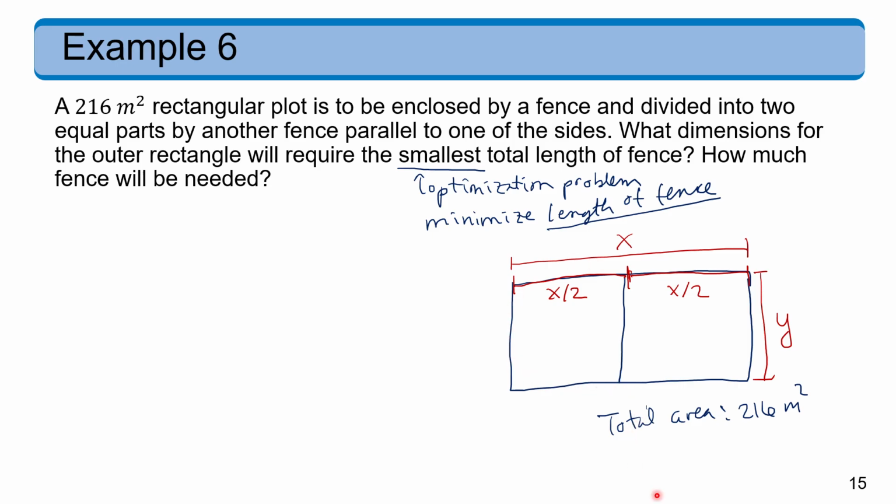Okay, so we've already identified our first goal, which is to find a function for the length of fence. And you can name that function whatever you want. Let's just call it f of x.